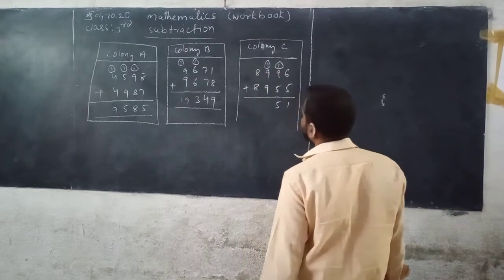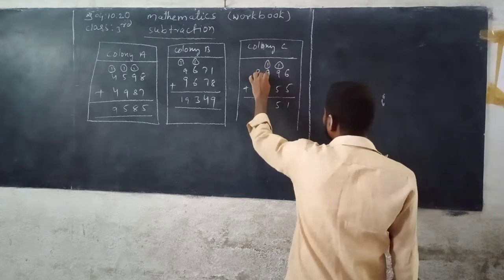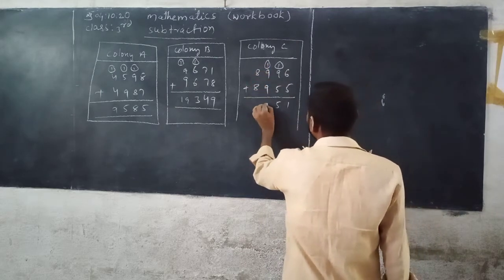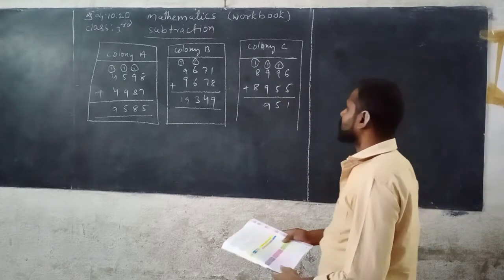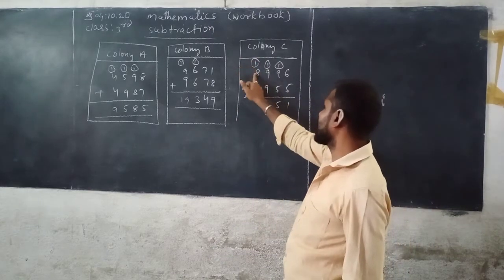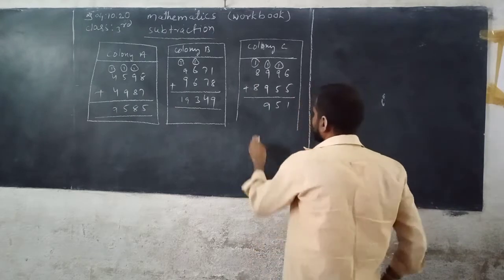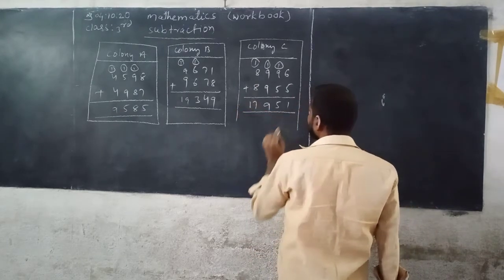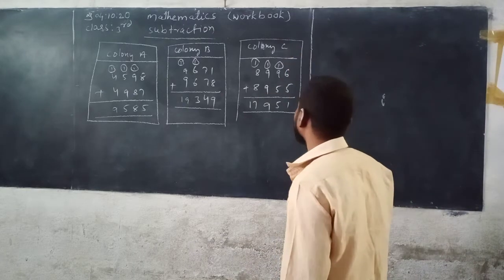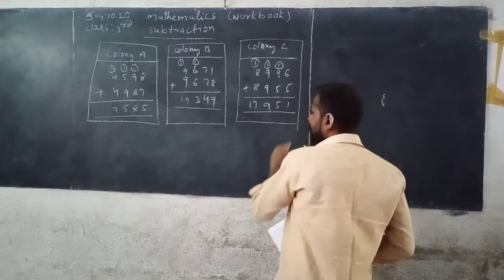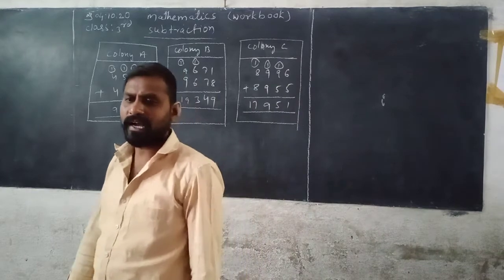Next add the digits in hundreds place. 1 plus 9, 10, 10 plus 9, 19, 9 taking, 1 carried over to the thousands place. Next add the digits in thousands place, that is 1 plus 8, 9, 9 plus 8, 17. Number of men and women in colony C is 17,951.